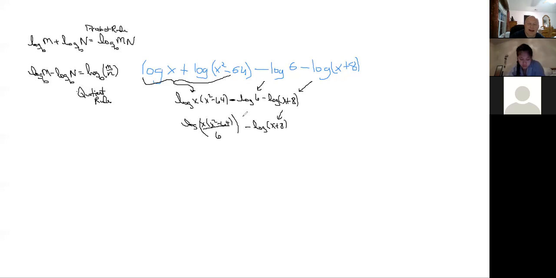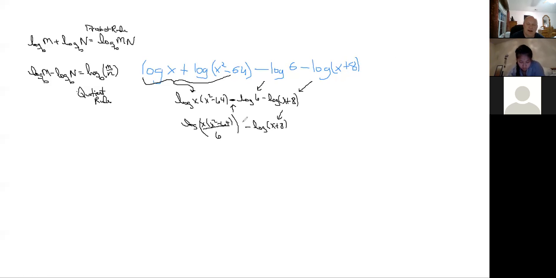So what I did was I applied the quotient rule because of that minus right there. So log of x times x squared minus 64, that x times x squared minus 64 is kind of like the m, and the 6 is like the n. So the 6 is going to go in the denominator, and that whole ugly mess, x times x squared minus 64, goes on top like the m did.